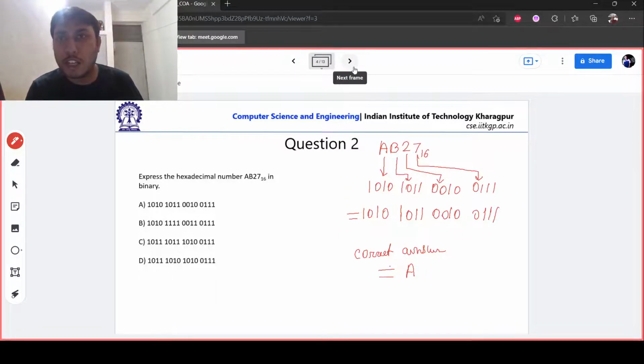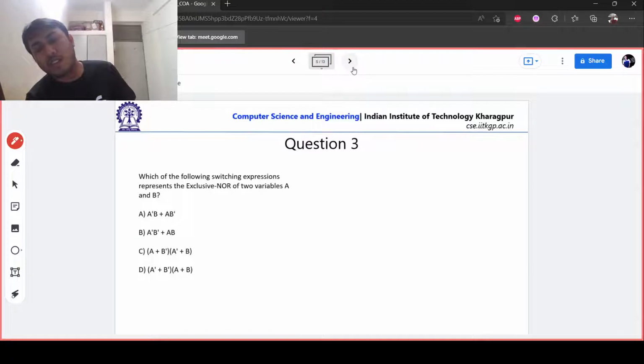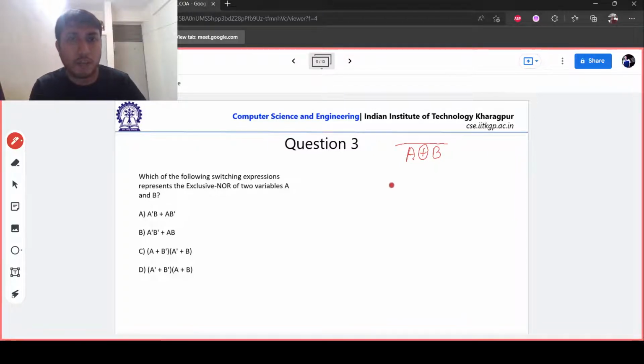So let's move to the next problem. The next problem is, which of the following switching expressions represents exclusive NOR of two variables A and B? So exclusive NOR can be represented as A XOR B and the negation of it.